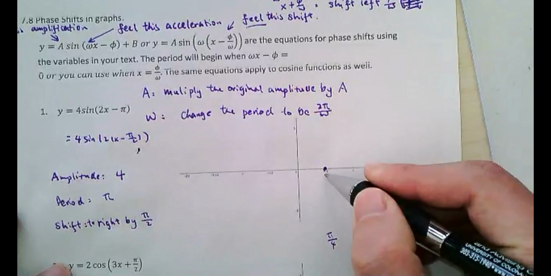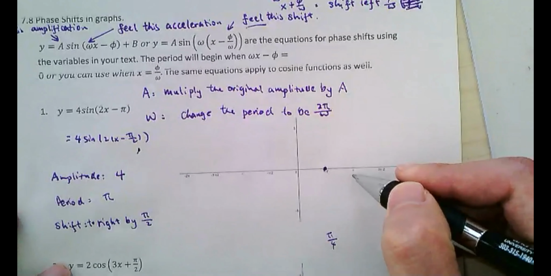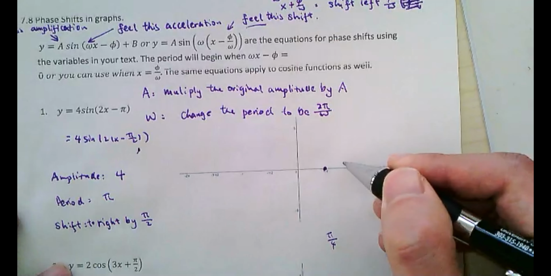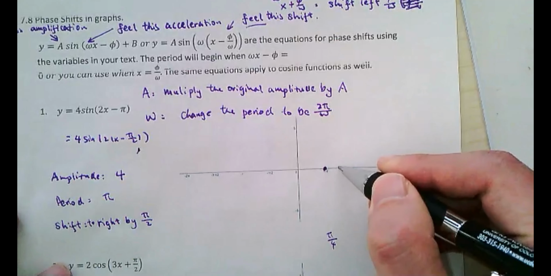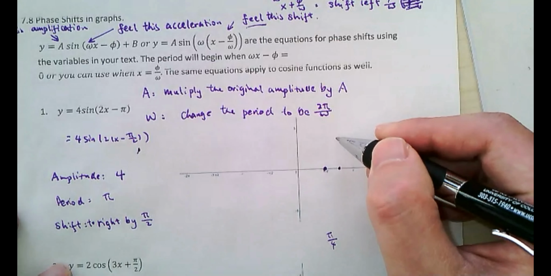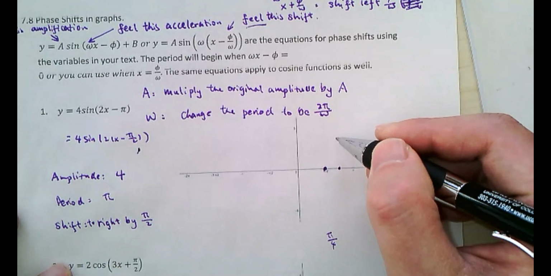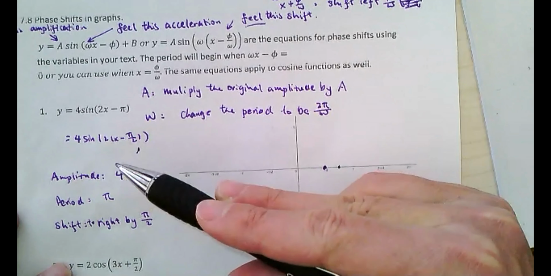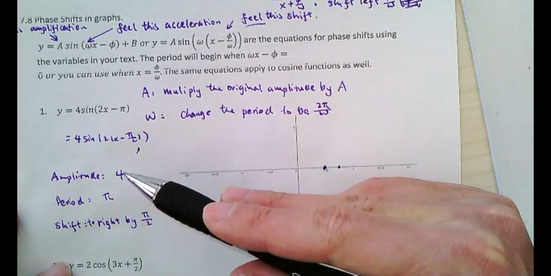So this is pi over 2. This is pi. If you add a pi over 4 here, it should be somewhere here. So the maximum is somewhere here, and the maximum is 4, okay?